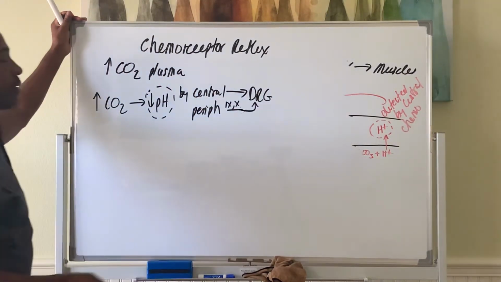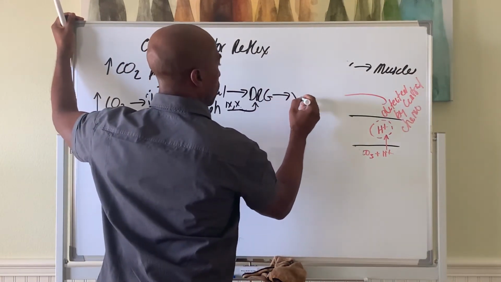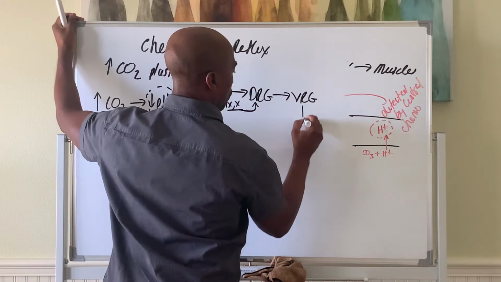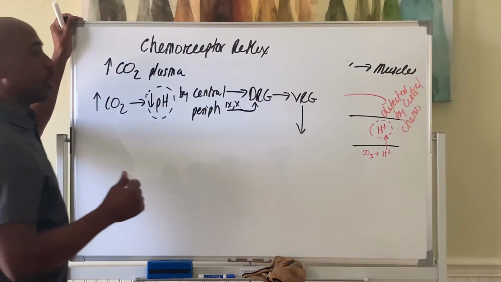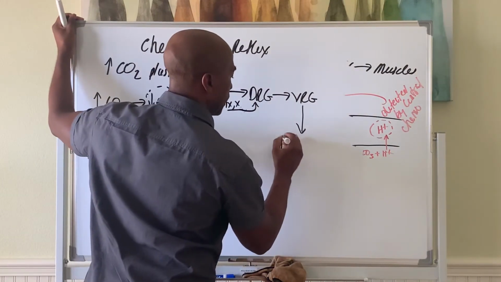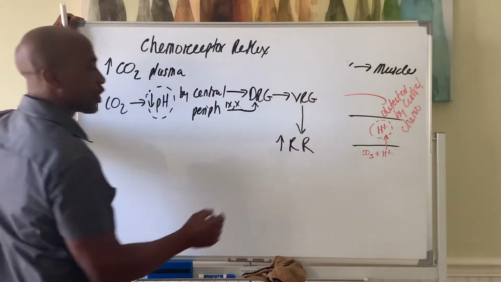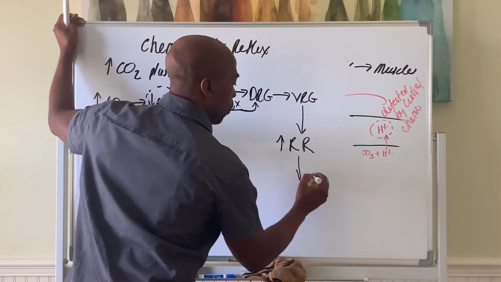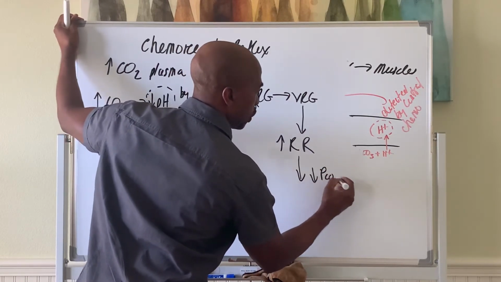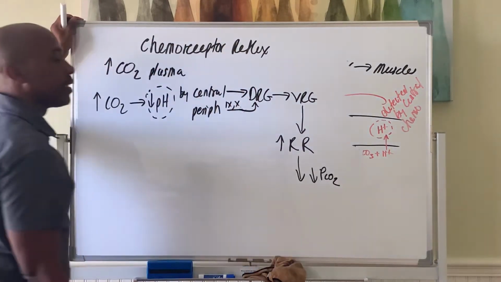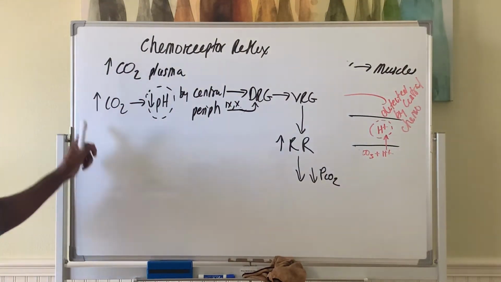And then the DRG causes the VRG to tell the muscles of breathing to breathe faster, to increase your rate of respiration. And as you breathe faster, that will drop your levels of CO2. So your PCO2 levels will fall in the blood, and that will close the loop. So then it's a feedback to shut this off.